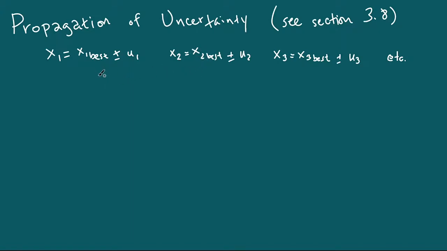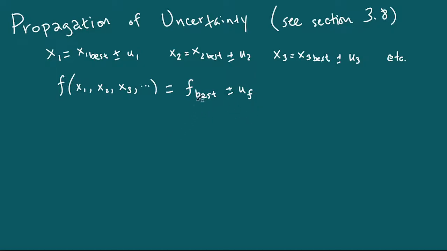And if you have an equation that you're trying to apply them to, say that whatever the thing is that we're trying to solve for, we're going to say that that is going to be f, whatever f is. And f is a function of all of these variables: x1, x2, x3, dot, dot, dot. And the idea is that f itself has a best value plus or minus some uncertainty.